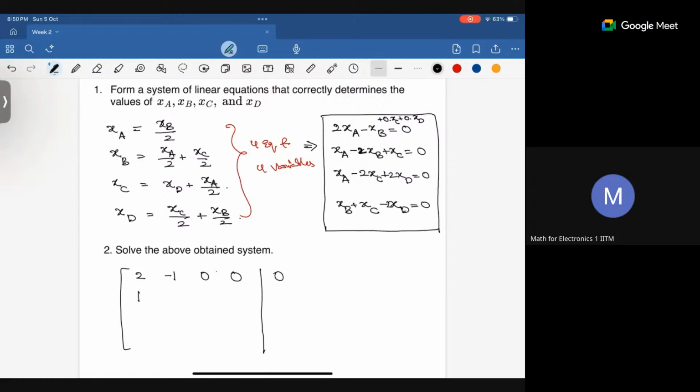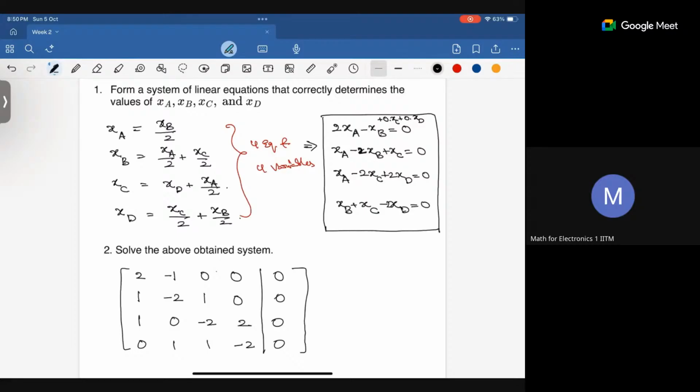Similarly, 1, minus 2, 1 and 0. The xa coefficient is 1 and there is no xd, but as I said, you can add plus 0 times xd. So this will give 0, minus 2, 2. And the last equation does not have xa. Therefore 0, 1, 1, minus 2. And these are zeros.